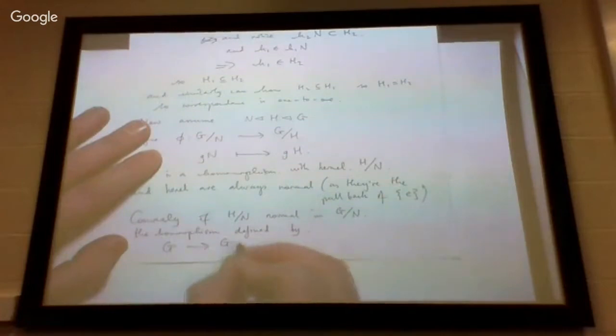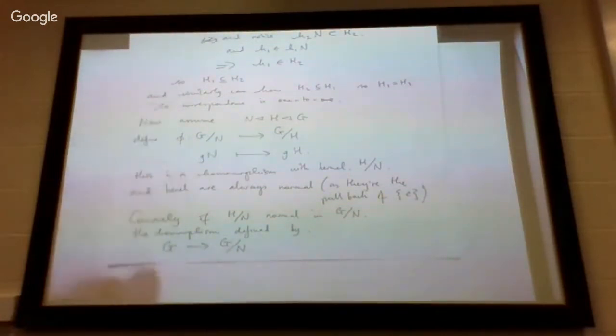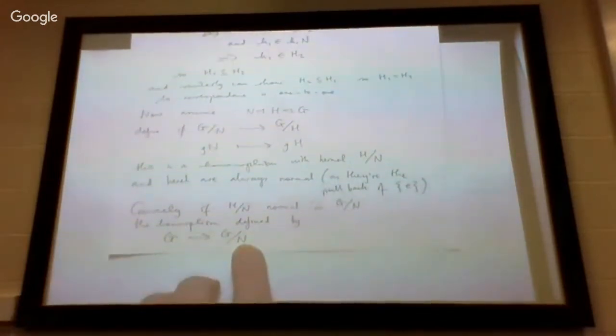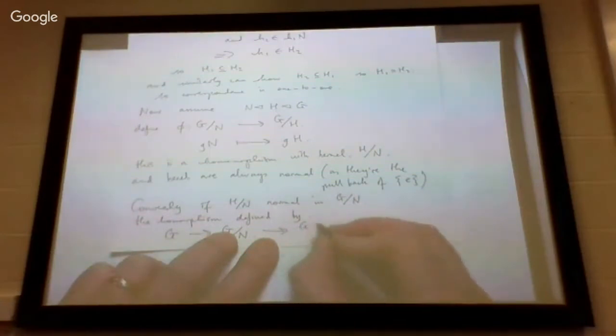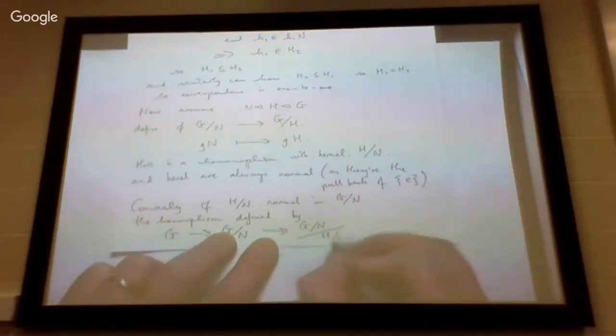The mapping G to G mod n, just the normal way, sending an element to the coset it represents, but then sending this into the factor group of G mod n by H mod n.